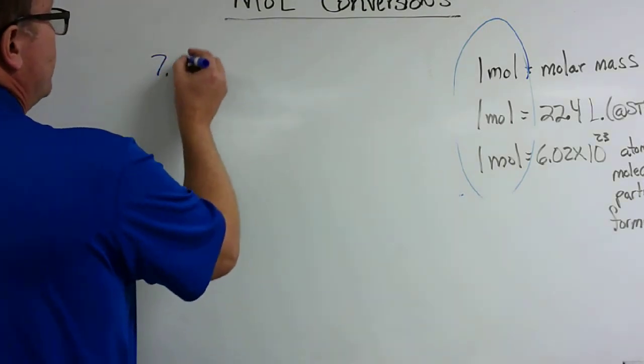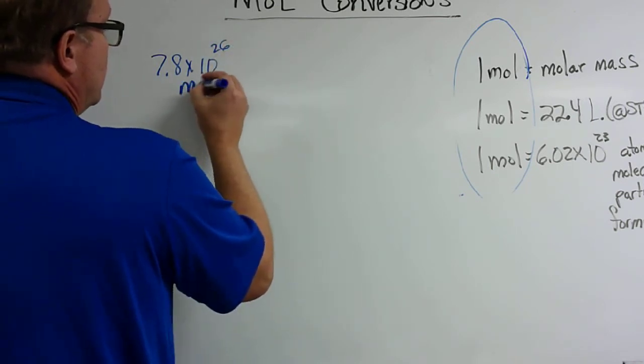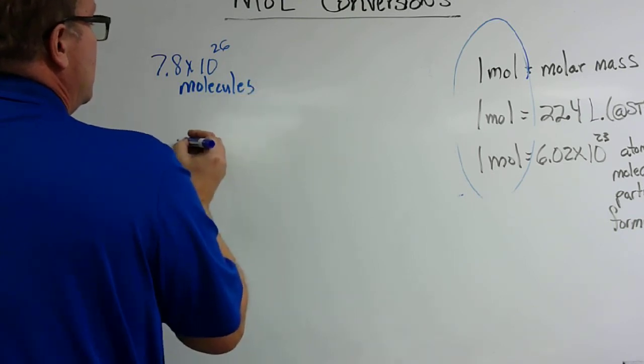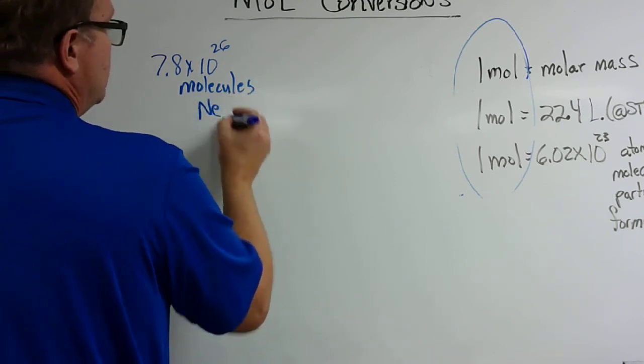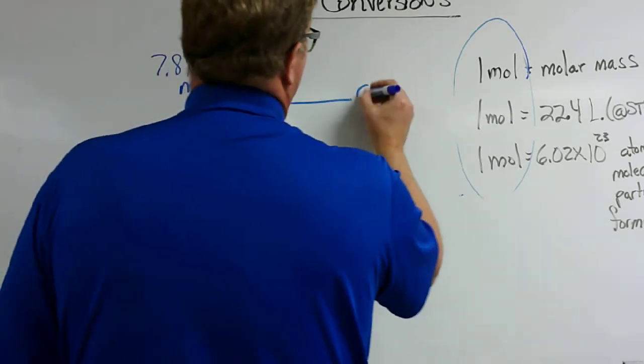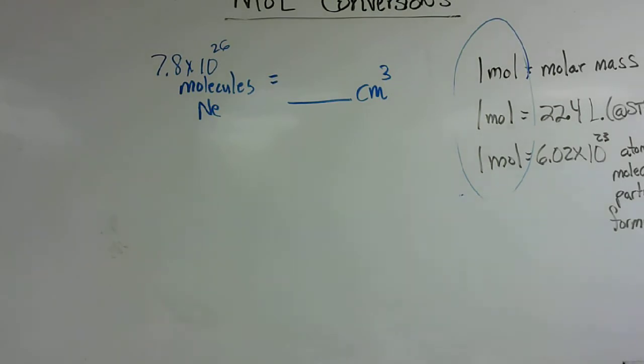Let's say I have 7.8 times 10 to the 26 molecules of Ne. Now let's go ahead and get the density of it. I use my handy little conversions that I can find on the computer.